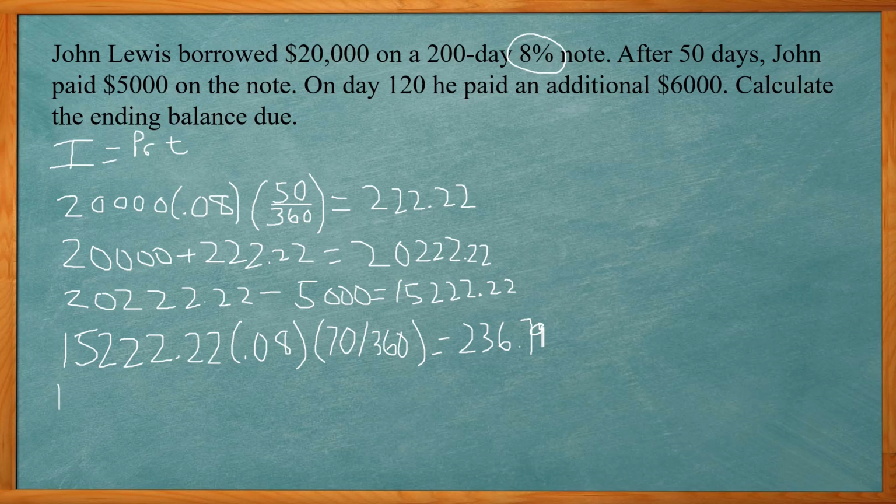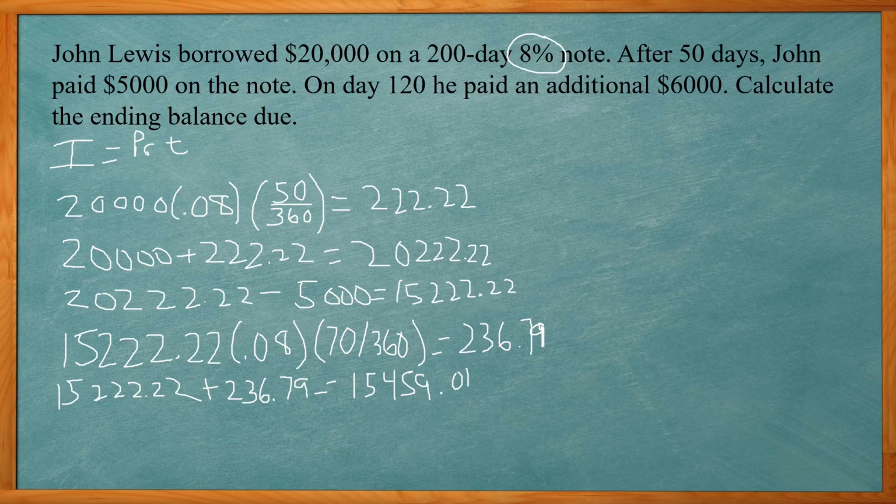Okay, so our new balance is going to be 15,222 and 22 cents plus the 236.79. That's going to give us 15,459 and 1 cent.